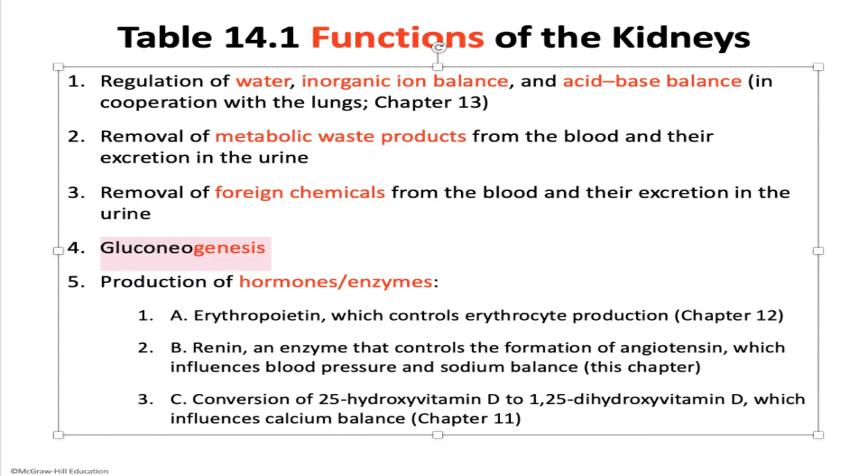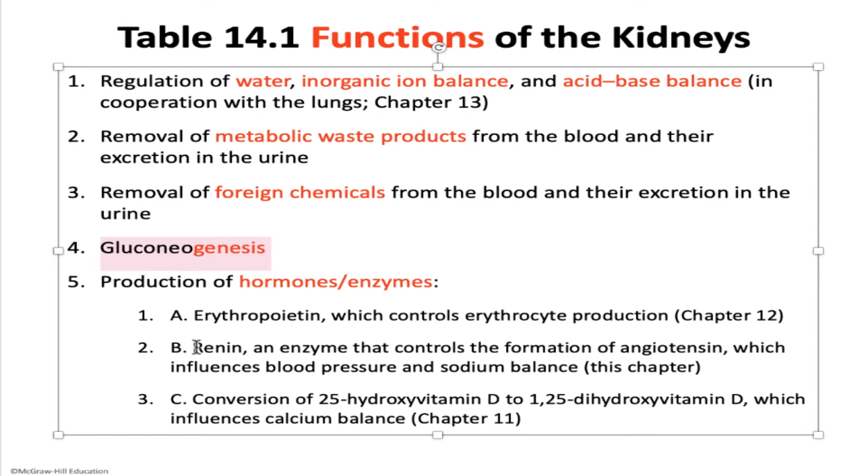Certain cells in the kidney can also produce and release hormones and/or enzymes. And there are three types that we need to be aware of. The first is erythropoietin, which is a hormone that controls the production of red blood cells in the red marrow of the bones.